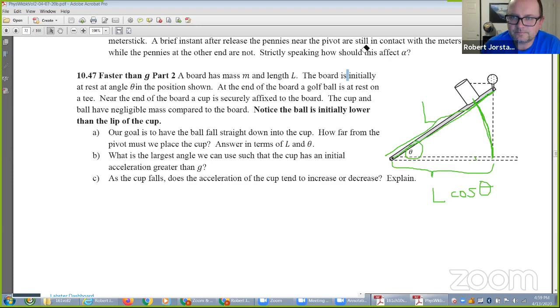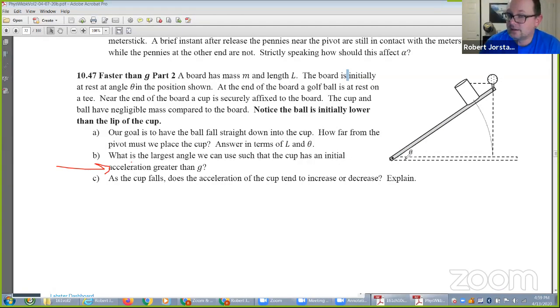Now, this is an important question right here, though. What is the largest angle we can use such that the cup has an acceleration greater than g? Now think about this. If we put it horizontal, we just saw in the last problem that you actually get maximum alpha when the weight is at a right angle to the board.